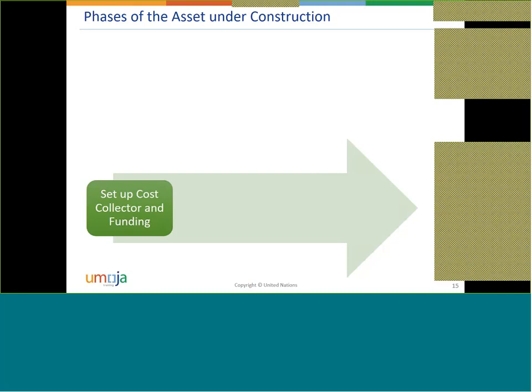But as I said before, the cost collector is only a tool that we have in SAP to keep a list of all the expenses that happen related to a project. So it's basically like having a notebook where, if we are in the construction project of this new camp, we will start tracking.